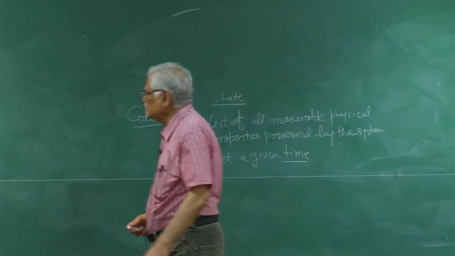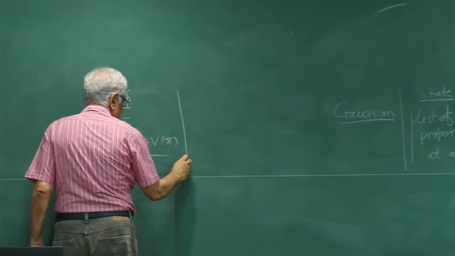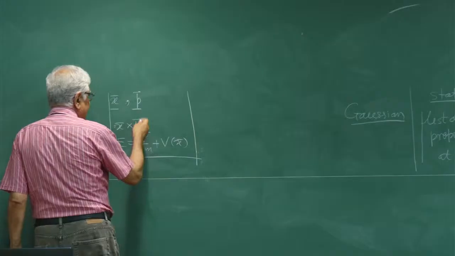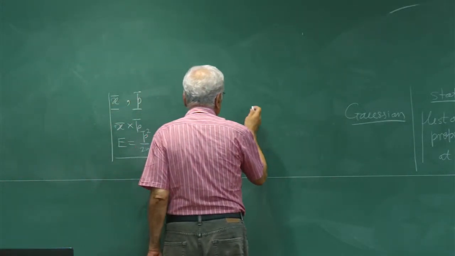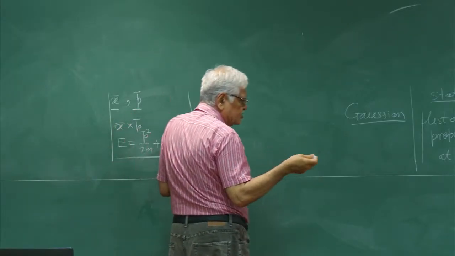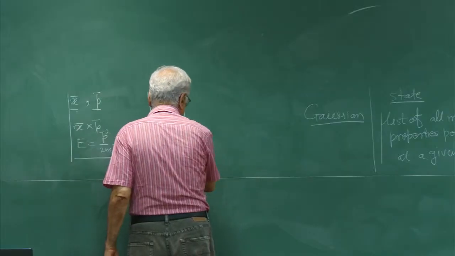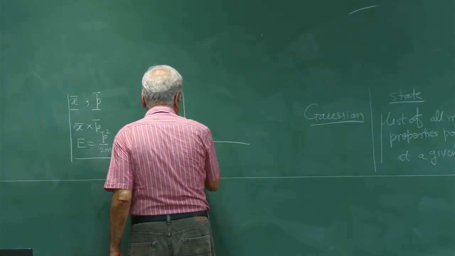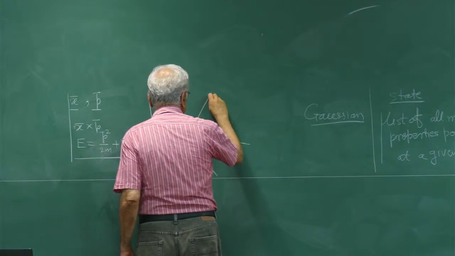Now the question arises. Let us find the consequence of this particular fact. Suppose position and momentum are available, precisely available, to whatever accuracy we want. If you want, the particle is here.